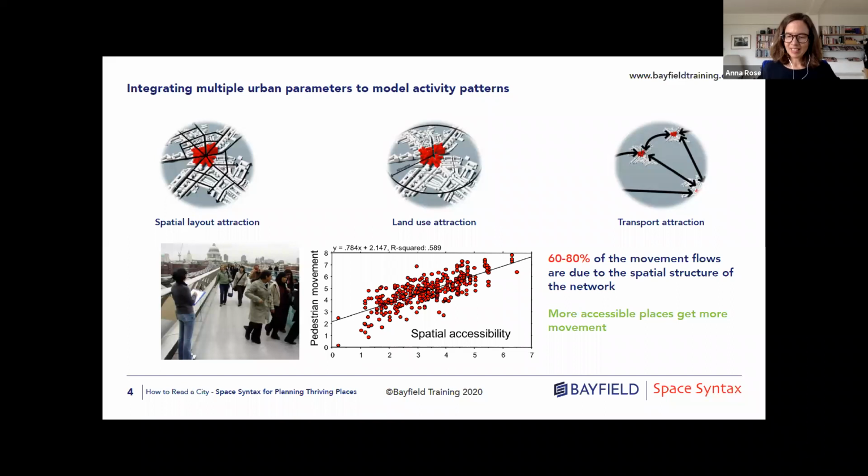Yeah, what we can understand is, for example, a certain urban layout will result in longer journeys compared to another layout which has stronger interconnectivity. So the average distance between places would be much lower than, let's say, in a cul-de-sac type urban layout.